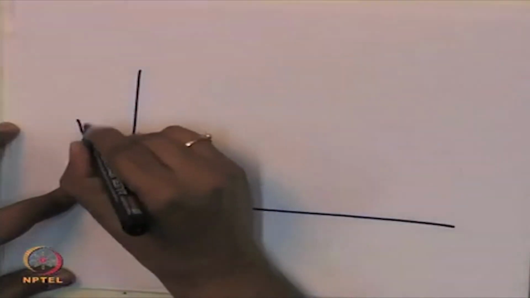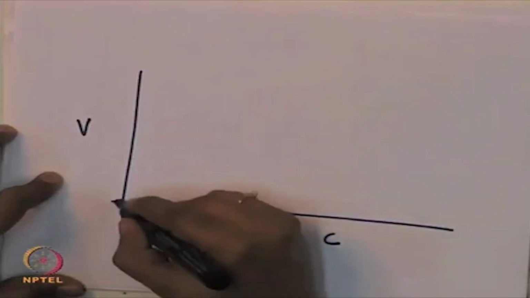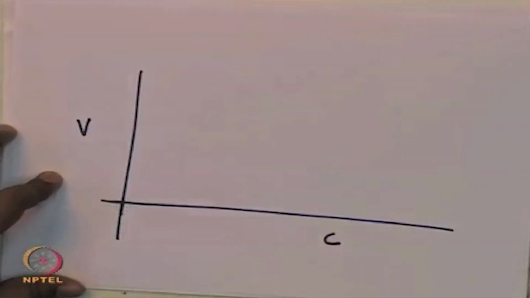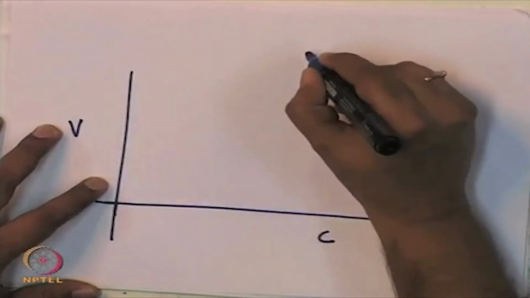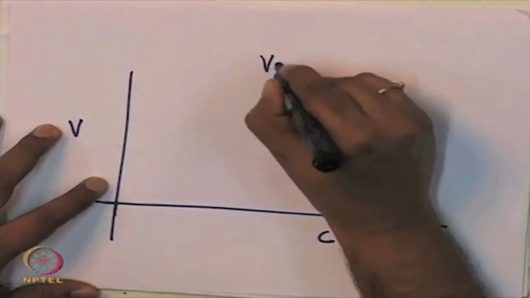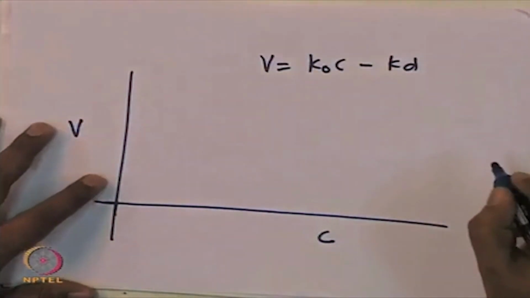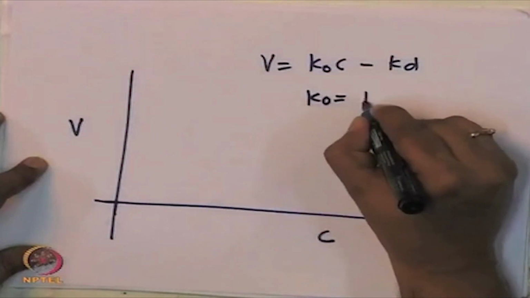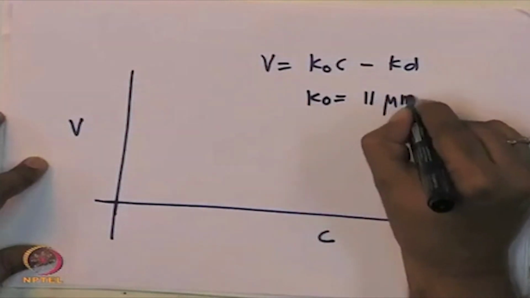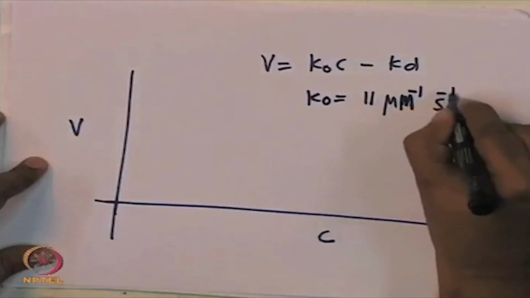So, let us say we had this example velocity versus concentration, for actin monomer, if you do polymerization of actin, V is K0 C minus Kd. It is known that K0 is about 11 per micromolar per second, that is K0.